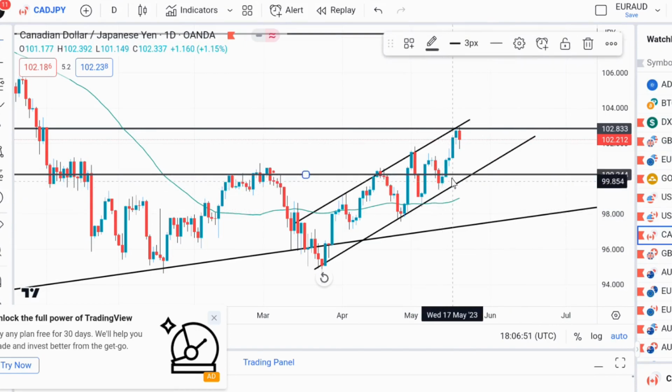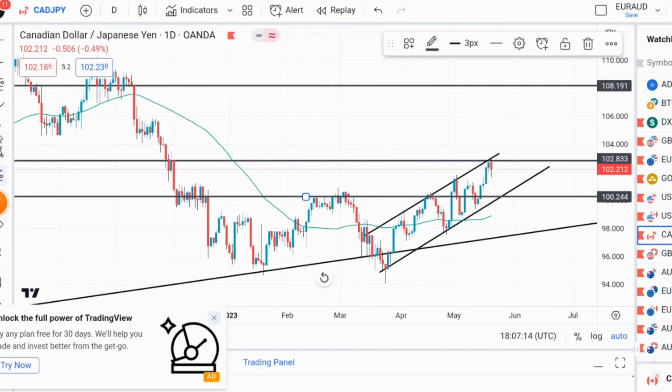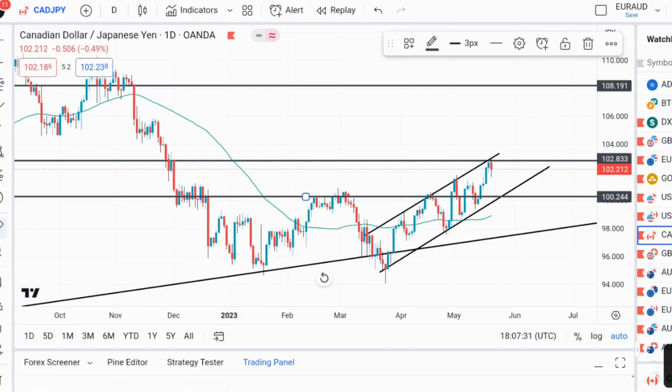You can see a move to 100244 if the daily time frame on Monday closes bearish. So we might see a move to this particular level right there. But if we have a breakout of this zone, then we should see a move to the resistance level. That's how it goes. We might see a move to this zone if we have a break to the upside on Canadian dollar Japanese yen. So let's see how it goes right there.